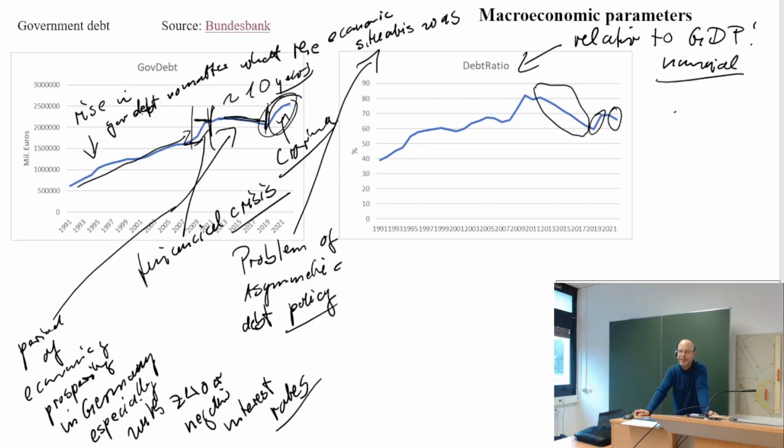Well, and then of course we have made these tricks in Germany that we put our spending for military and for climate change in some other books, and therefore it is not found in the absolute value of government debt. But of course, you have to repay it in 5, 10 years.